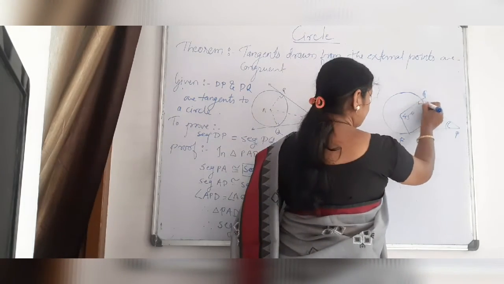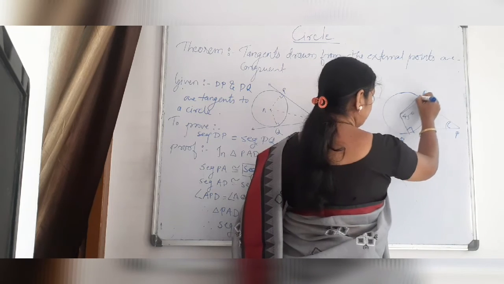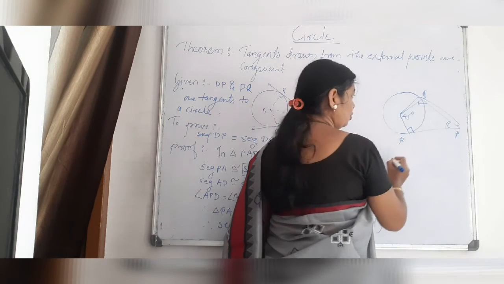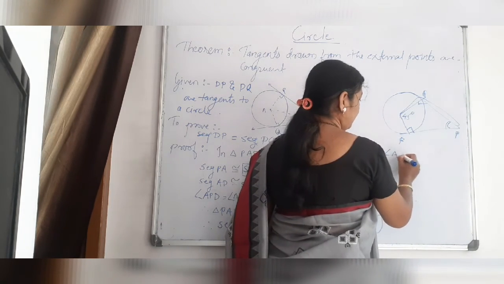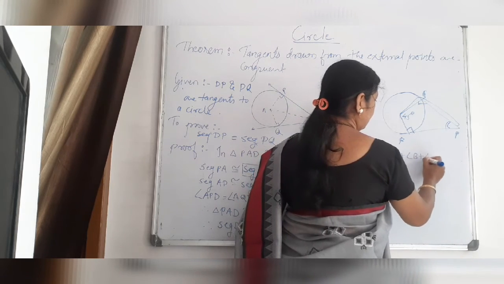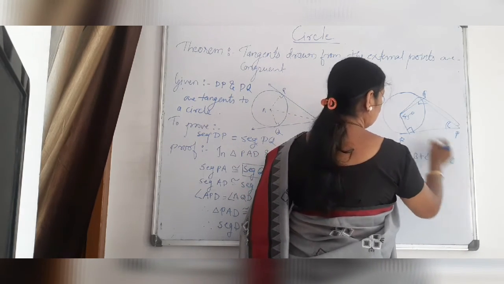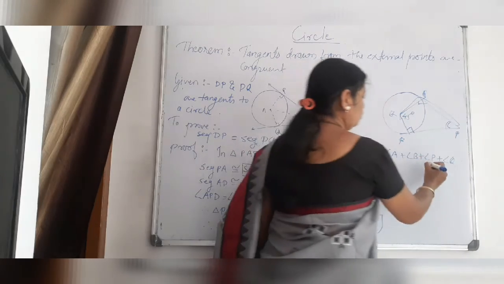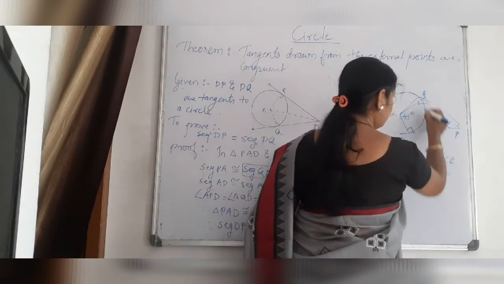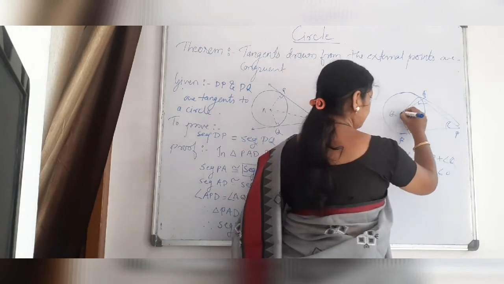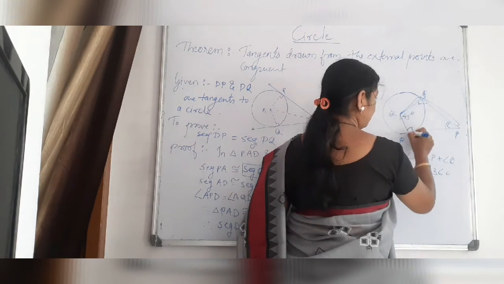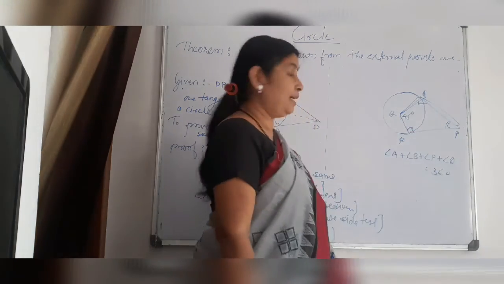Now this angle is 90, this angle is 90, and it is a quadrilateral. So here you have to use angle A plus angle B plus angle P plus angle Q is equal to 360. These two angles are always 90, because the radius is perpendicular to the tangent.